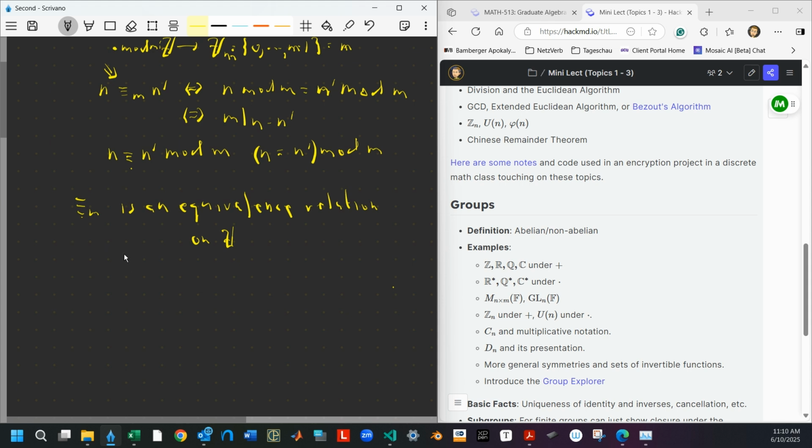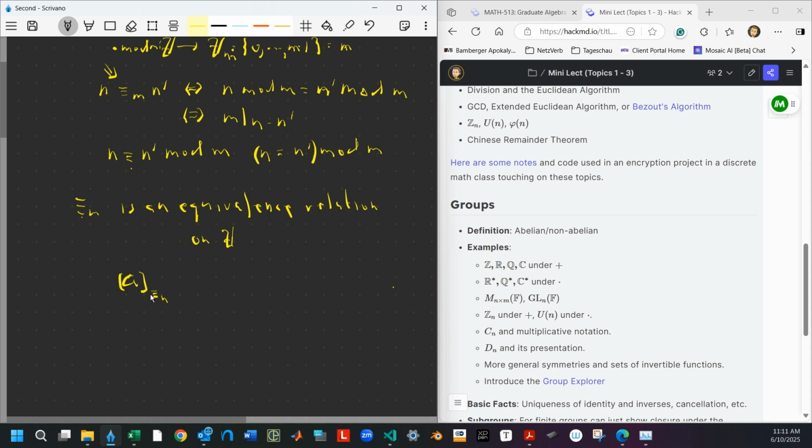It also means that we can take Z and break it up into equivalence classes. In general, we tend to write equivalence classes like this, and how much decoration you put on it depends on what's assumed.